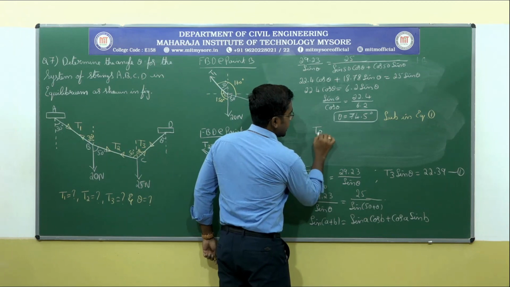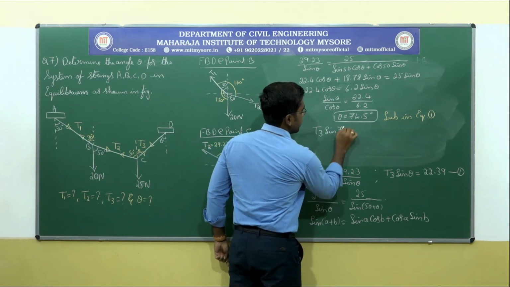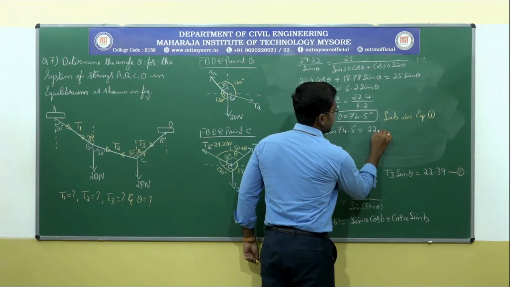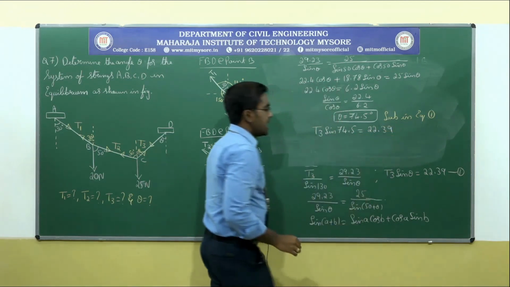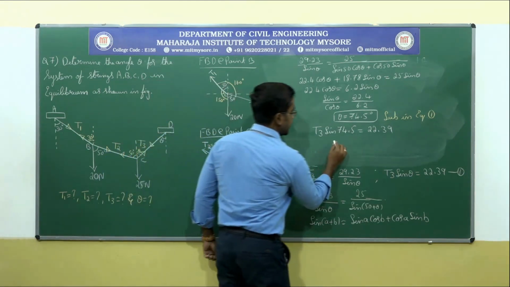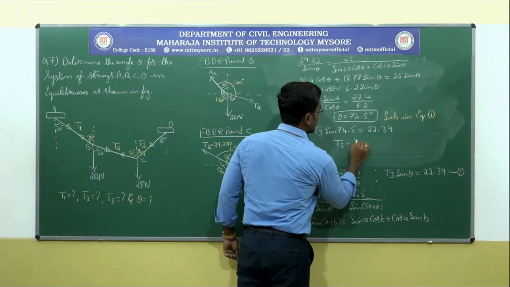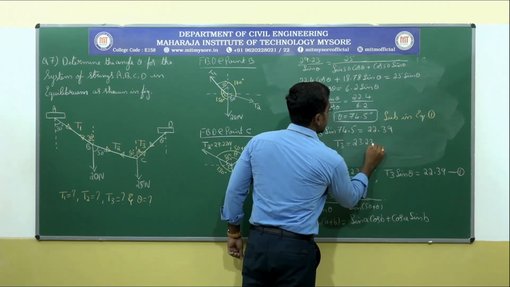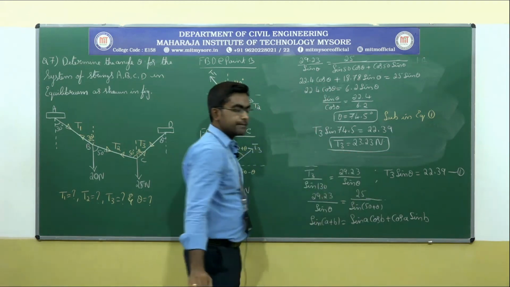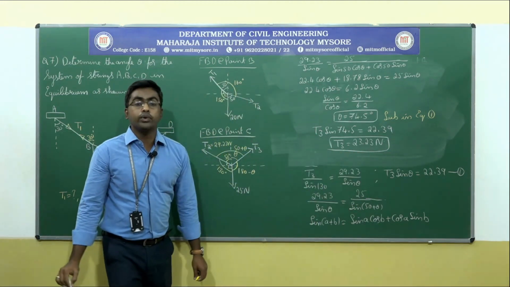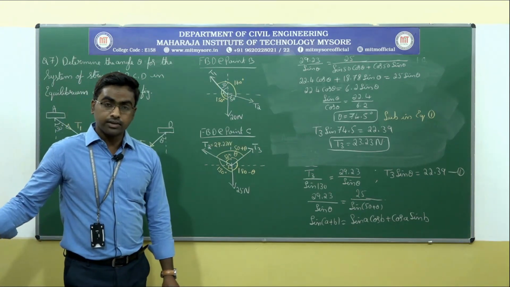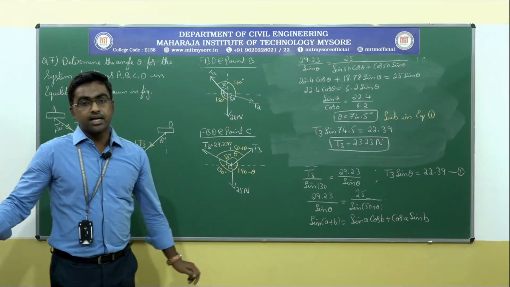Now T3 into sin 74.5 is equal to 22.39. If you simplify this equation, you will get the T3 value. T3 will be equal to 23.23 Newton. So this is how you need to solve this problem. Understood? So next, let us move to the next problem.